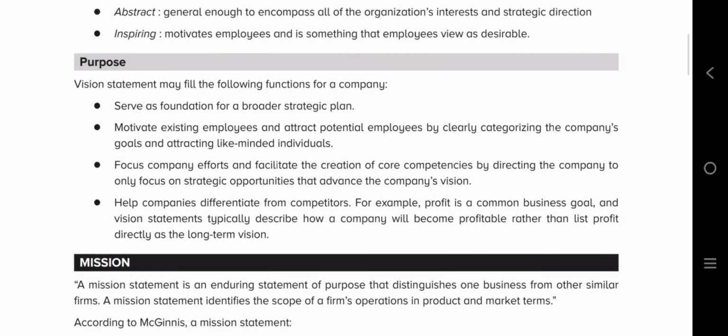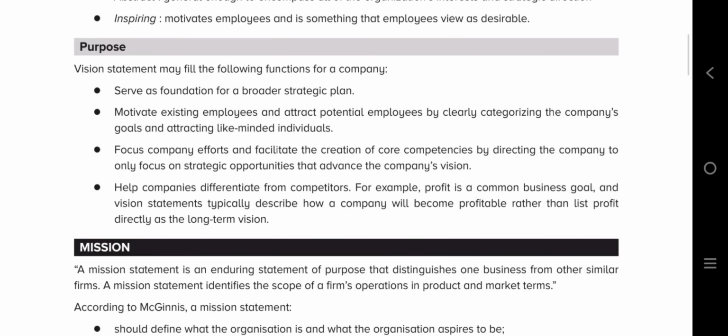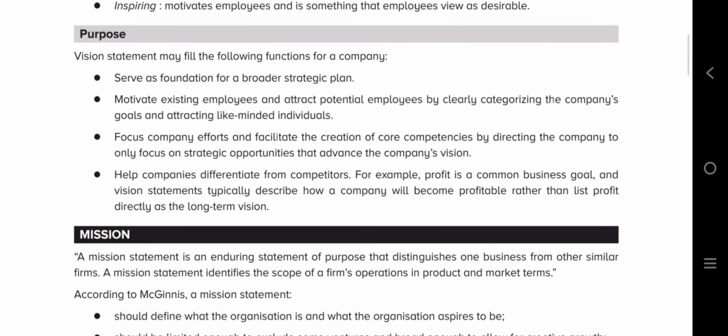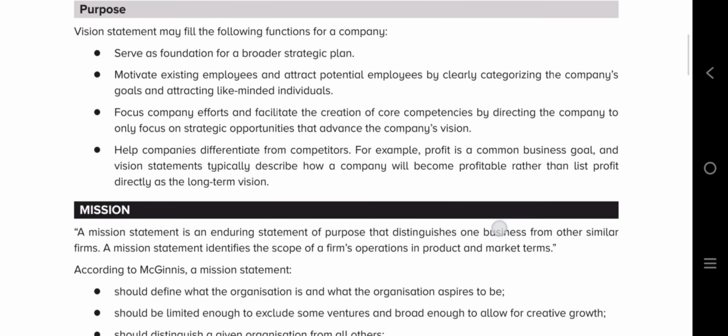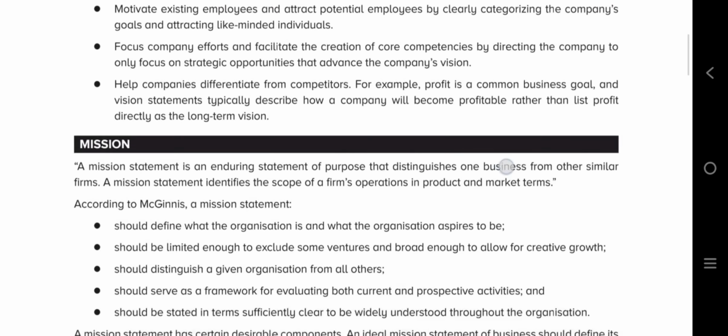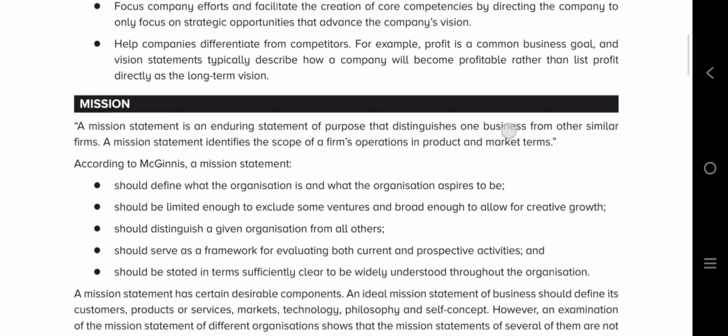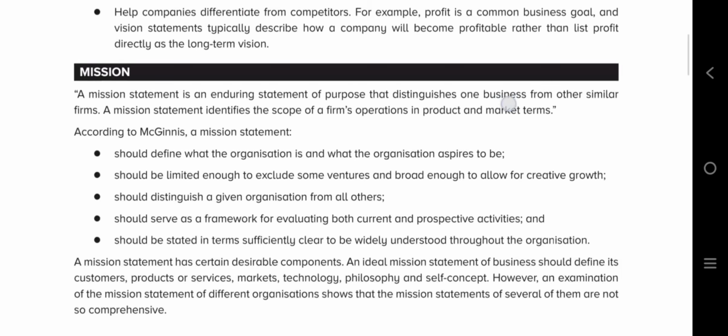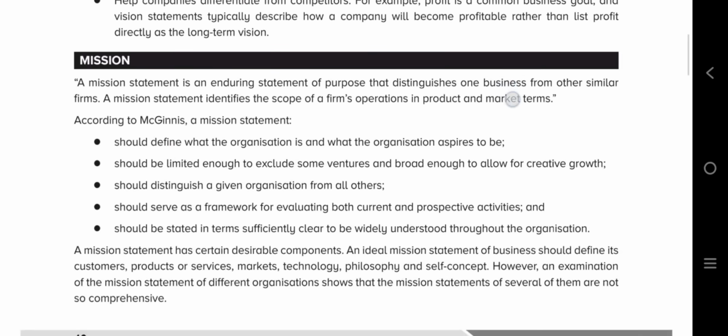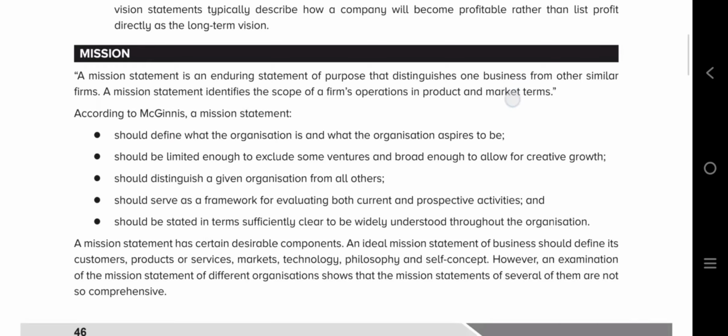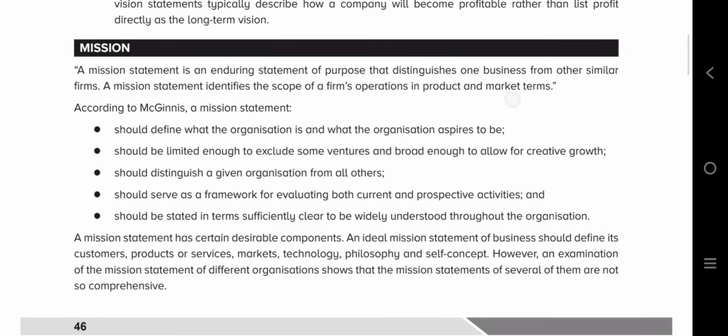Importance of objectives: they justify the organization, why it is existing, what is the purpose of the organization. Provide direction. Basis for management by objectives.